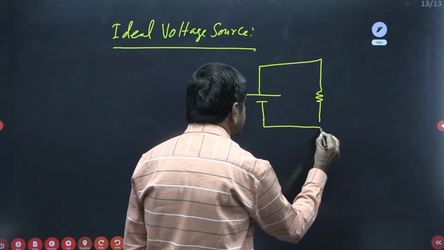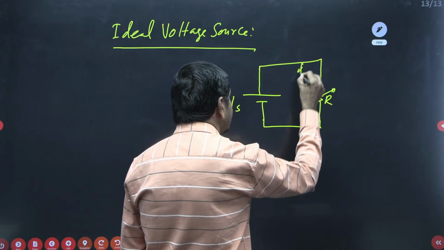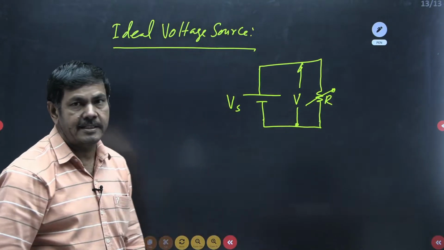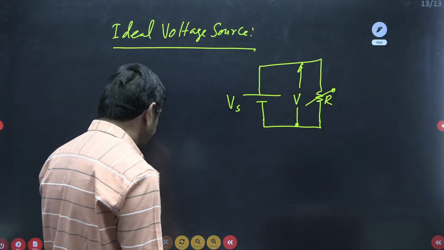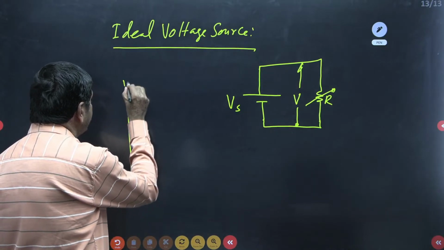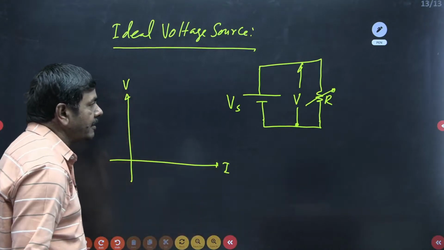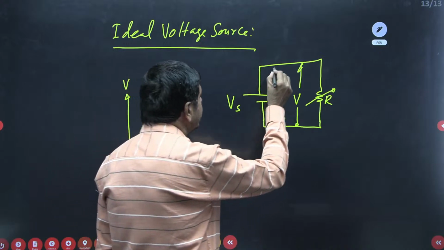This is a variable resistance I have taken for example. We can change the resistance here. The voltage that I am getting here is V only. Suppose you draw the VI characteristic curve for this ideal voltage source: voltage versus current. The current which is passing through this network, I wish to take as I.